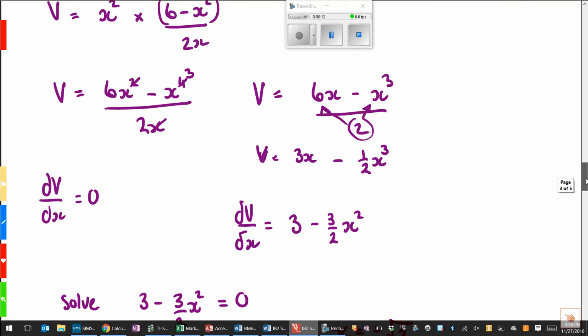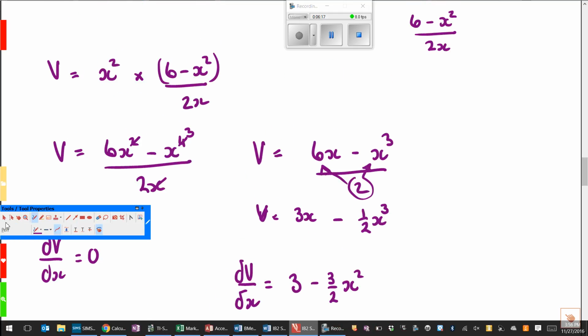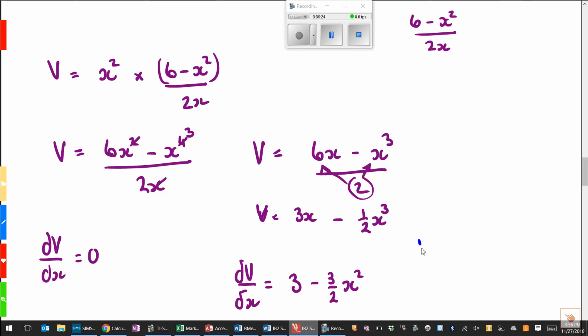Okay, so here is our volume equation. Let's put it in. So volume is, well, square root of 2 without rounding, squared, will just be 2, multiplied by 6 minus, again, square root of 2 squared is just 2, nice and easy, all over 2 root 2.